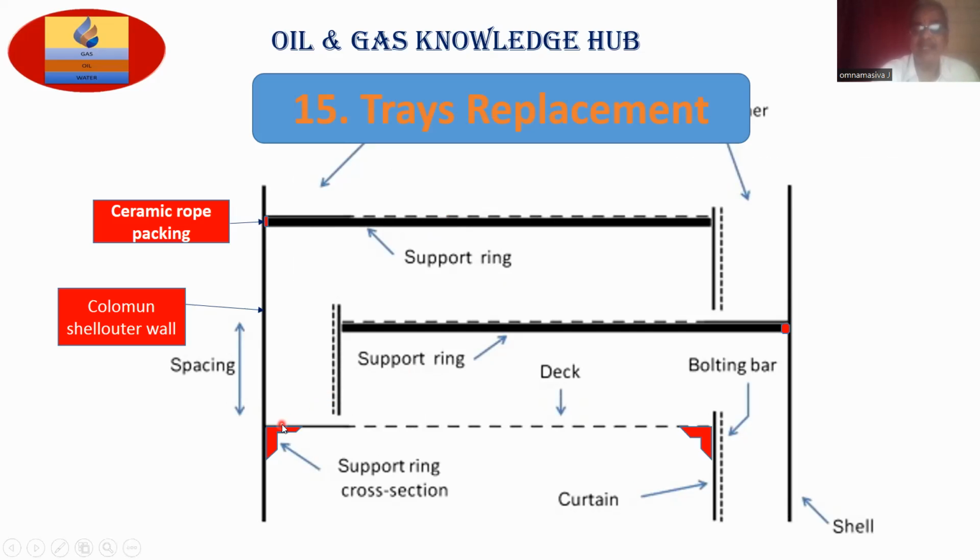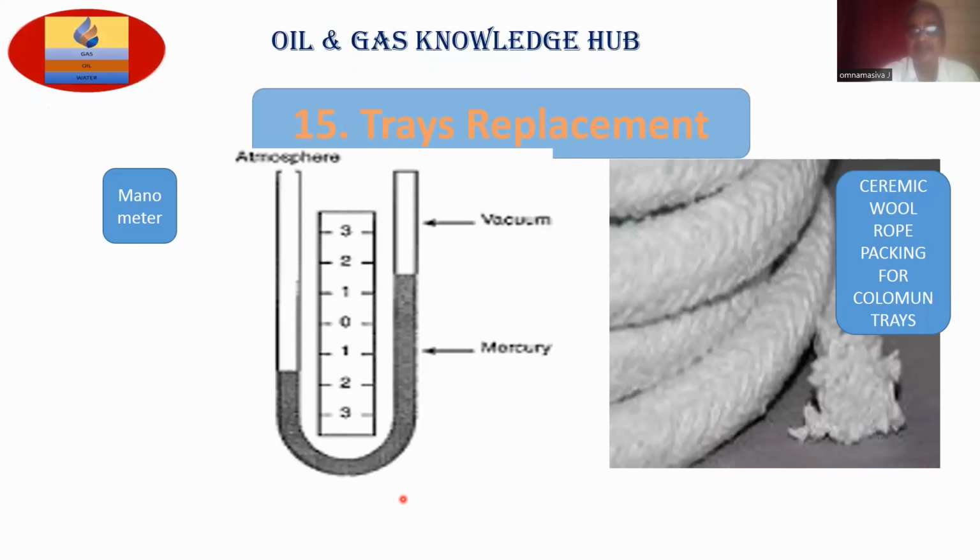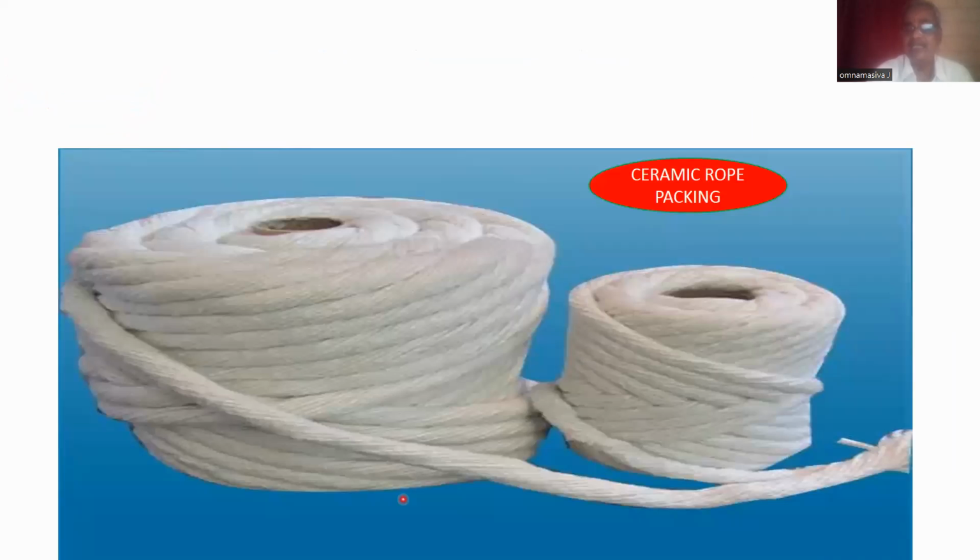You can put the manometer here and check here, both at the same elevation. For that purpose, a manometer will be used inside the column during installation of the trays, so remember this. And this is also simply a rope. Different companies and different sizes will be there. Ceramic wool rope packing.